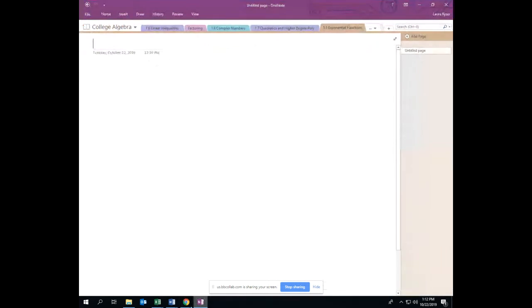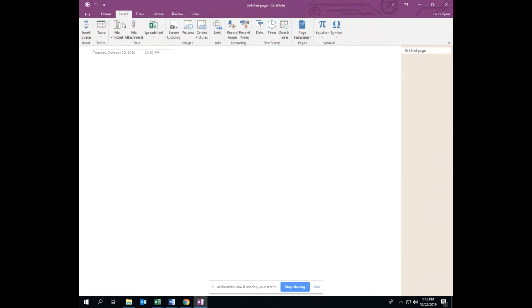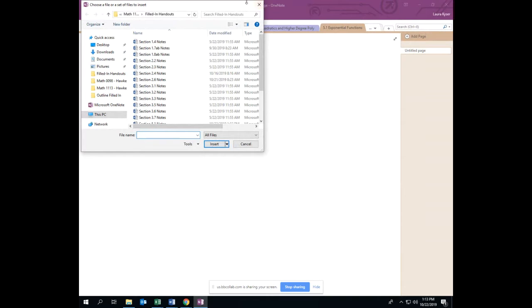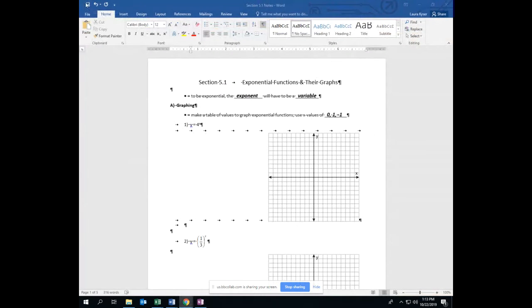So here we go. I'm going to go over to OneNote and I'm going to insert that attachment of that note sheet that I just had. Let me save it first and make sure that I have the right one in there. Okay.